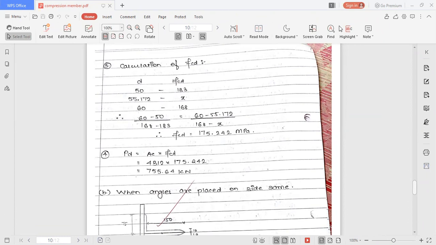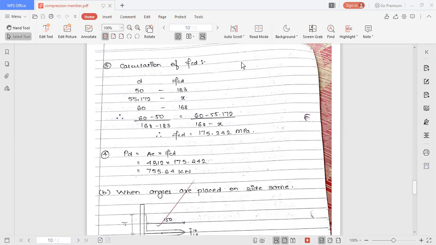Minimum value कितनी है 50 and the maximum value is 60. So 50 के लिए आपकी FCD की वैल्यू है 183 और 60 के लिए FCD की वैल्यू है 168. So उसमें से आपको 55.172 के लिए FCD की वैल्यू कैलकुलेट करना है. By using the method of interpolation, you will calculate FCD. So FCD आपको मिलता है 175.242.